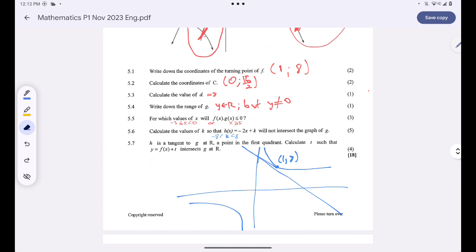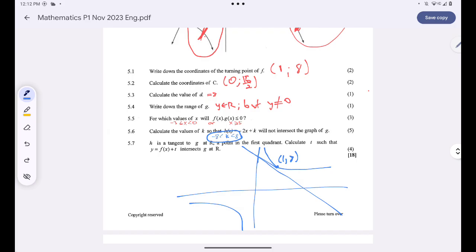Why am I saying it must be a positive 8? Because I just calculated delta there, and delta gave me these values. For h to be a tangent, it simply means that k must be a positive 8, and for h to intersect, k must be greater than 8 or less than 8.